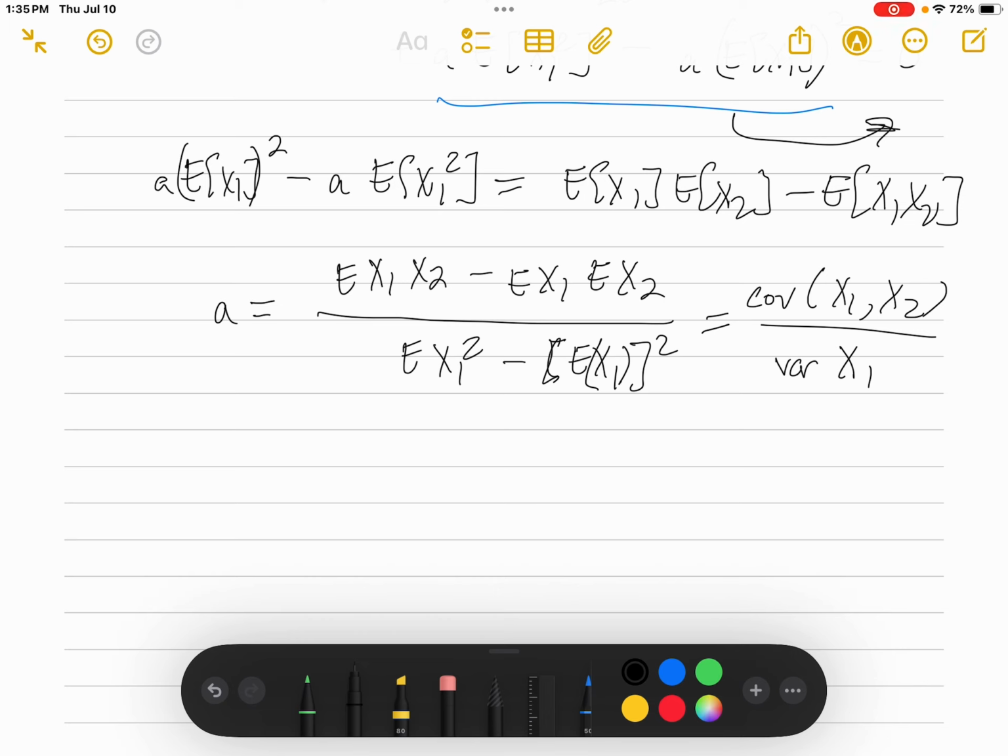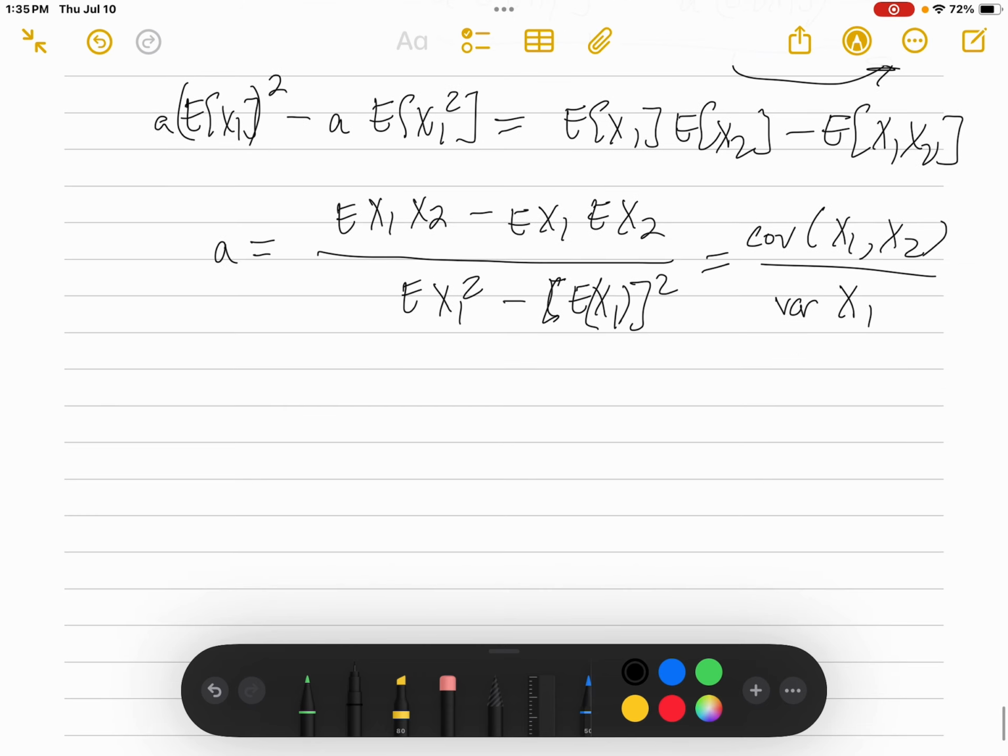Now I can write this in terms of the correlation, because the covariance of x1 and x2, remember we defined the correlation to be the covariance of x1 and x2 divided by the standard deviation of x1 times the standard deviation of x2. So let's use sigma 1 and sigma 2 for the standard deviations of x1 and x2. Then the numerator is going to be the correlation of x1 and x2 times sigma 1 times sigma 2, and then on the denominator I have sigma 1 squared.